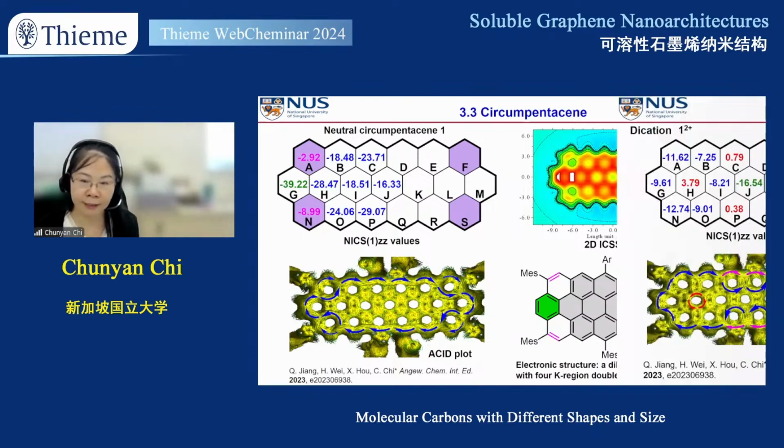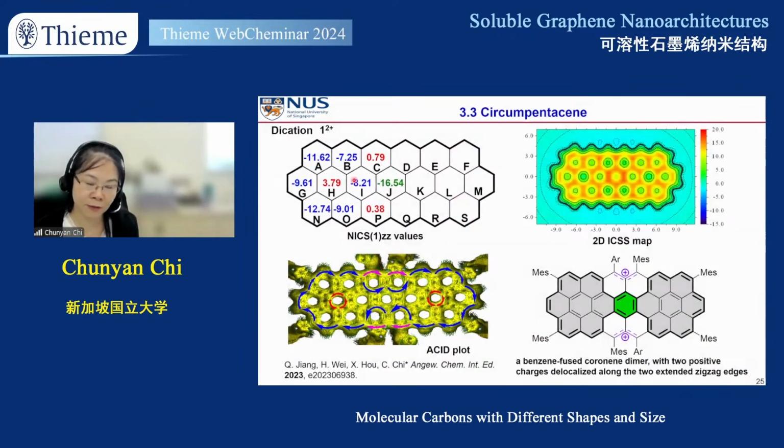Then for the dication, the rings C, D, P, Q have small positive NICS values. They are non-aromatic. The ring H also has a small positive NICS value, but it's different, because this ring is surrounded by 6 phenalenyls, so it shows a small positive NICS value due to ring current. So the electronic structure of the dication can be regarded as a benzene-fused chlorine dimer with 2 positive charges delocalized along the 2 zigzag edges.